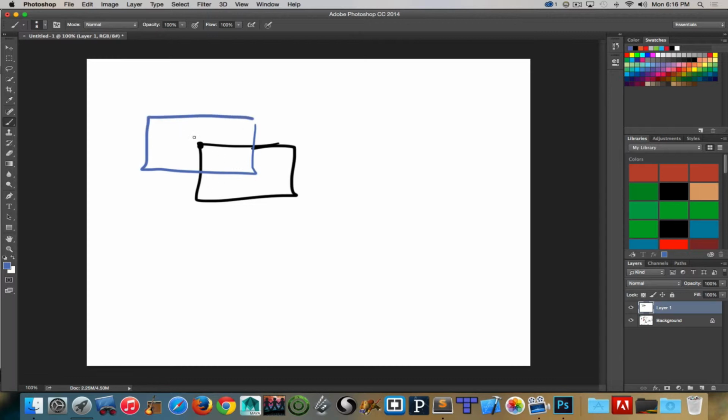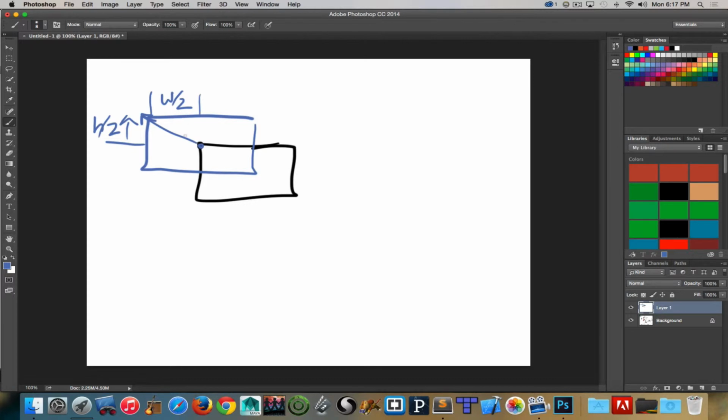We shift it over by half of the width, w divided by 2, and up by half of the height, h divided by 2.